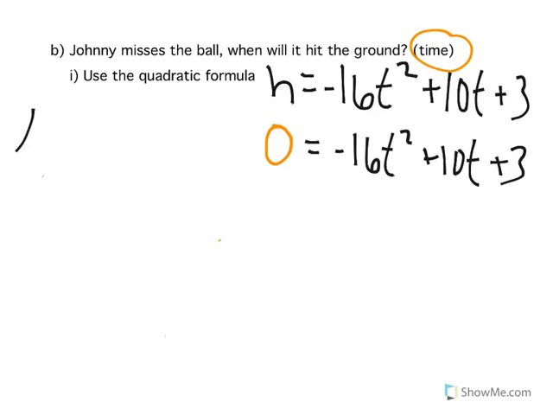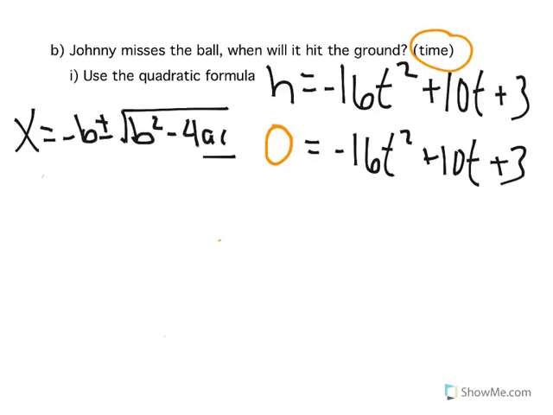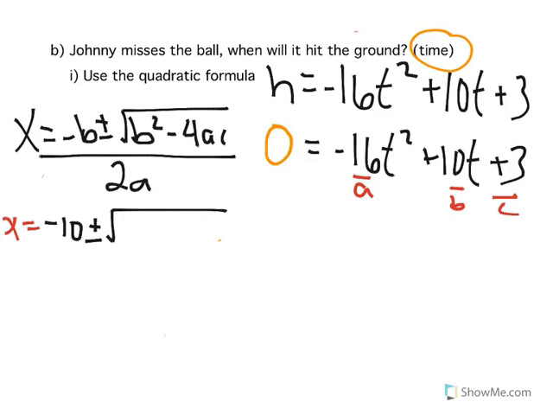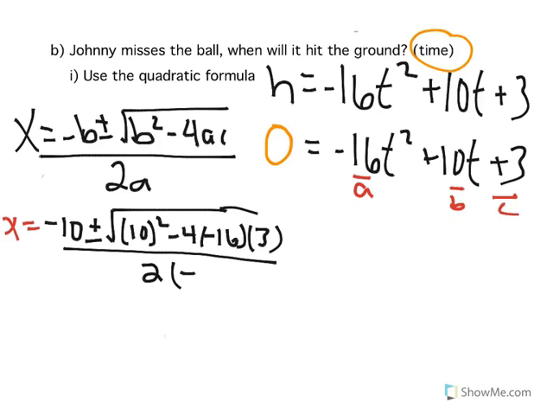So we're going to use the quadratic formula. x equals negative b plus or minus the square root of b squared minus 4ac, and everything's divided by 2a. Using the quadratic formula to solve for t, here's a, b, and c. We're going to plug in. So negative 10 plus or minus the square root of 10 squared minus 4 times negative 16 times 3, and then everything is divided by 2 times a, so 2 times negative 16.